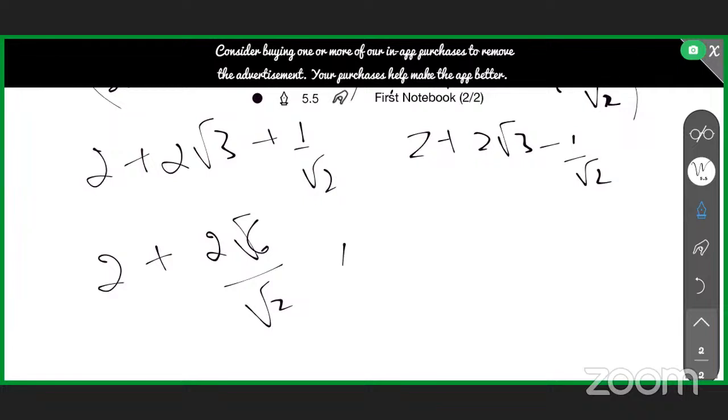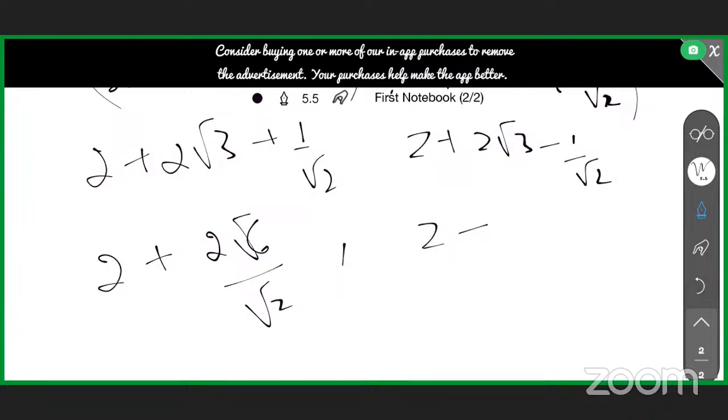This is equal to 2 root... just a minute. Root 2, root 6, 2 root 6, sir, minus.